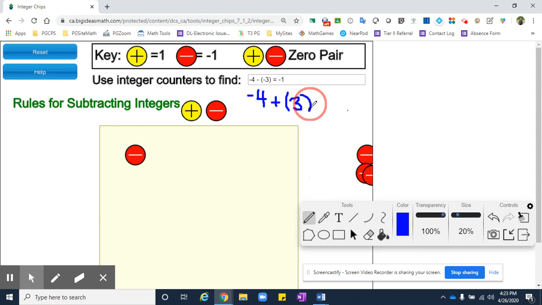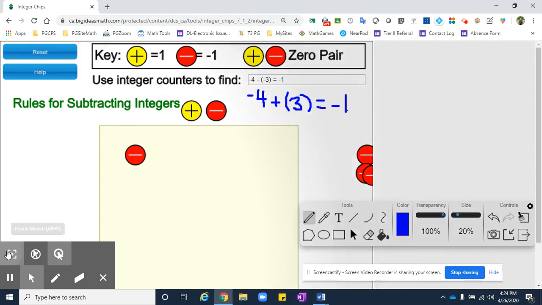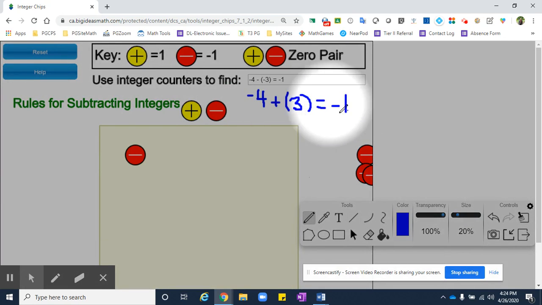Now, going back to the rules of adding integers, if we're adding different signs, we subtract the magnitude. So 4 minus 3 is 1, and we copy the sign of the bigger magnitude, which is the -4. So the sign is negative. So we have the same answer.